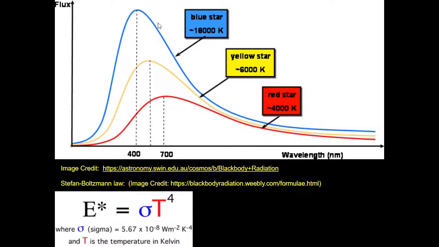That means the temperature at which the radiation and the surface matter of the star are in thermal equilibrium can be found out by estimating the intensity of the radiation over a long range of wavelengths.